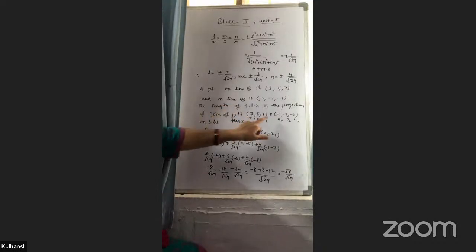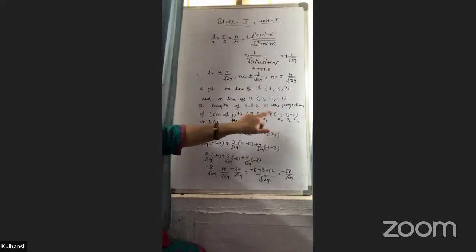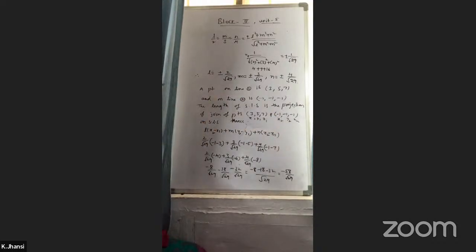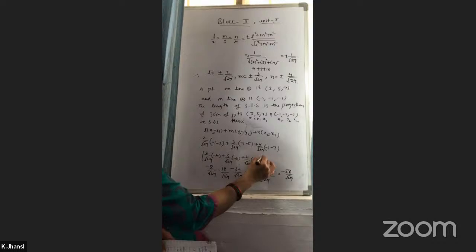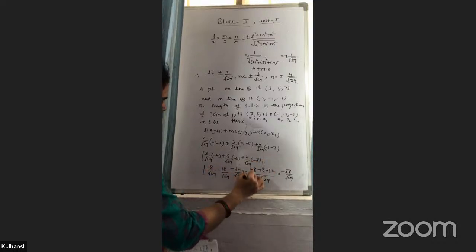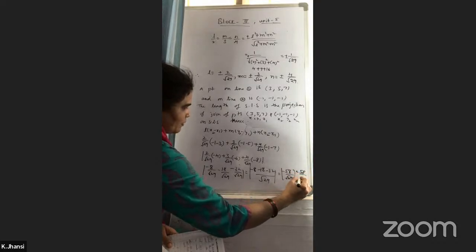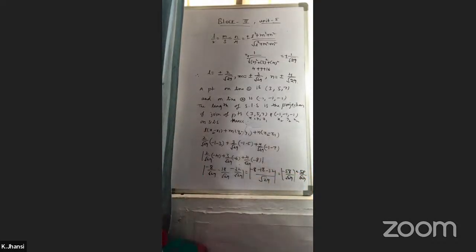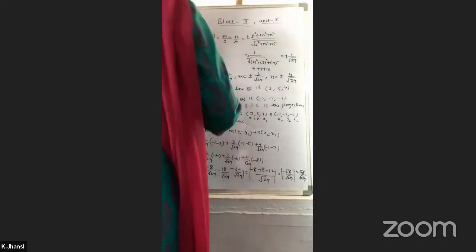That is, x1 minus x2 means 3 minus of minus, so we get plus 4, plus 6, plus 8, all positive values. Length can never be a negative value, so you can take the modulus of this, and you will get 58 by root 29. So 58 by root 29 is the shortest line segment.